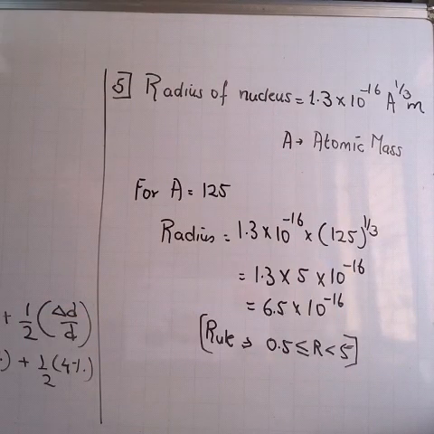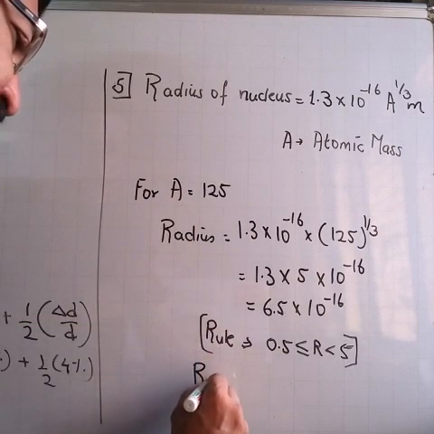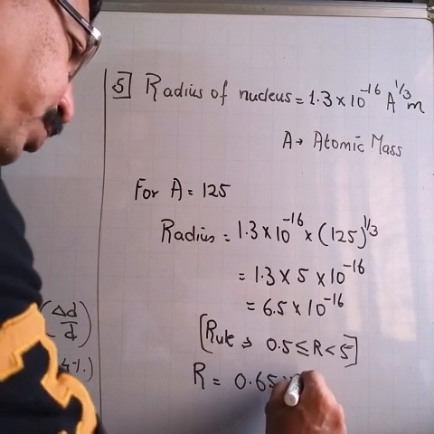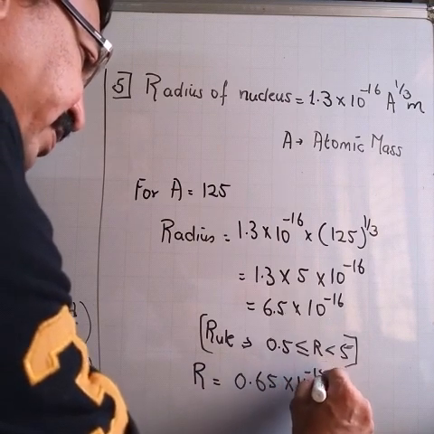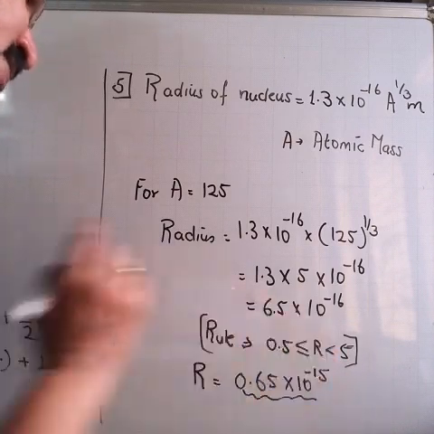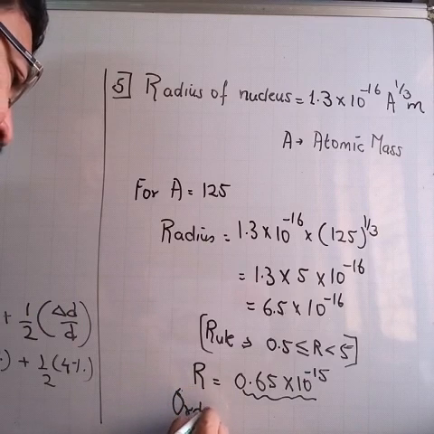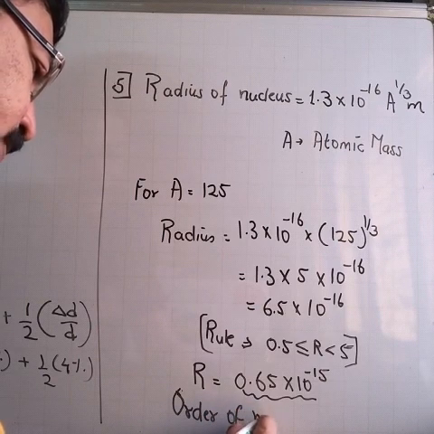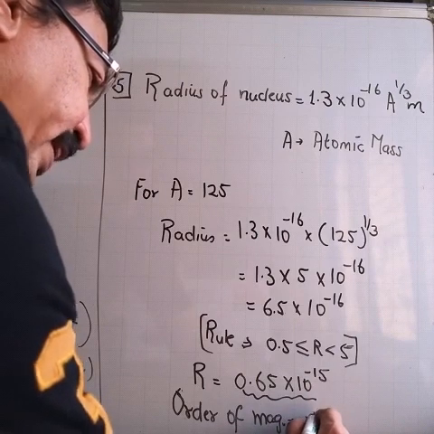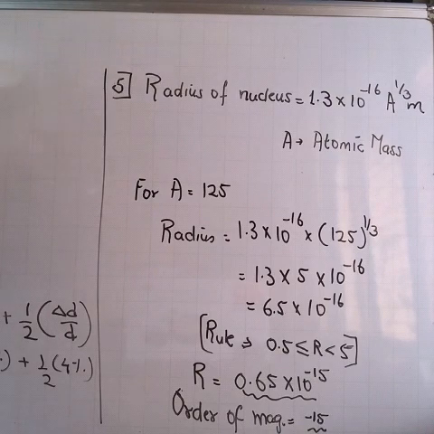So I shift the decimal point. The radius R will be written as 0.65 into 10 raised to minus 15. Now the rule is satisfied, 0.65 comes in this range, and so the order of magnitude is minus 15. That's our answer.